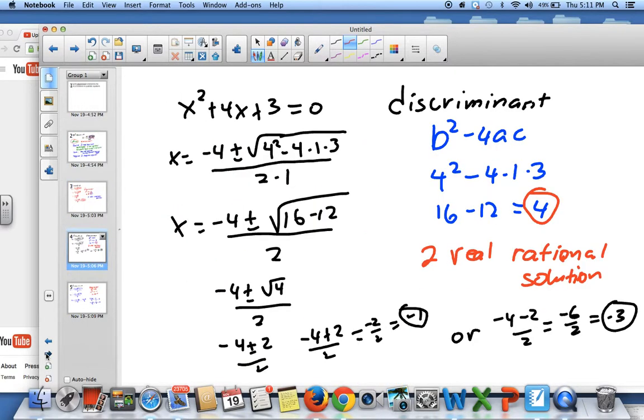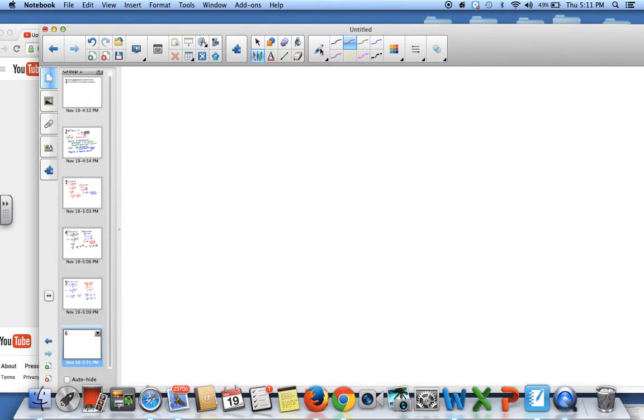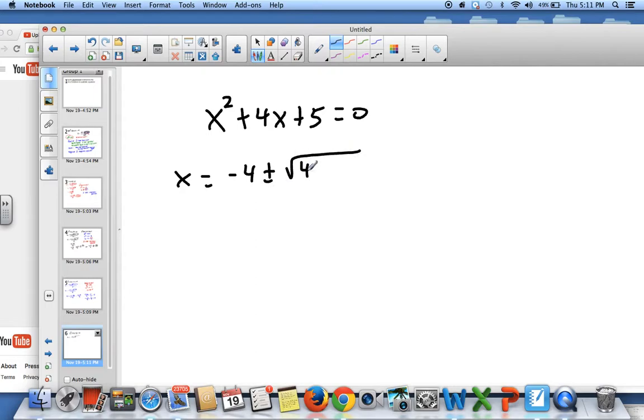Okay, and the last one I want to do is similar. I'm just going to add one more step to it. x squared plus 4x plus 5 equals 0. And now x equals negative 4 plus or minus the square root of 4 squared minus 4 times 1 times 5 all over 2 times 1.